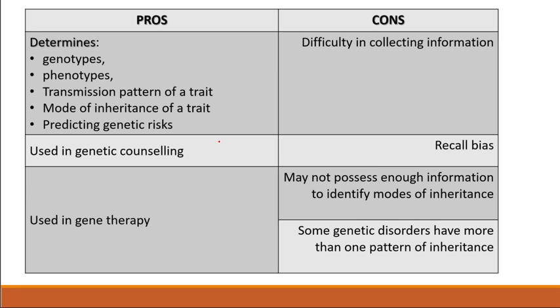Also, in some situations, these genetic disorders do not really have a single form of inheritance, and to understand these complexities, you need detailed and factual information about that particular individual who is suffering from a genetic disease in your family.